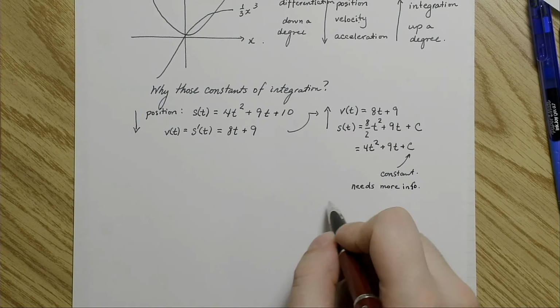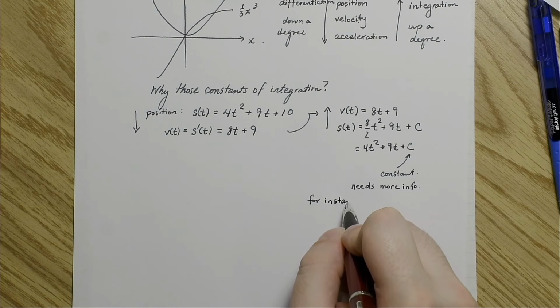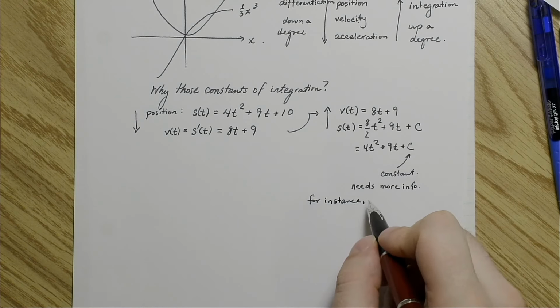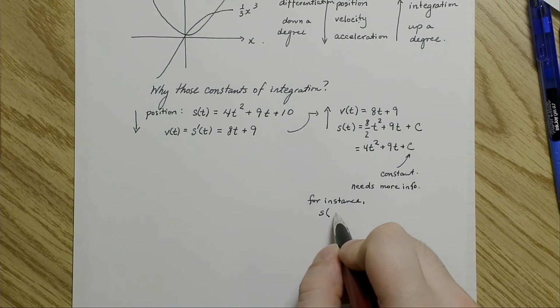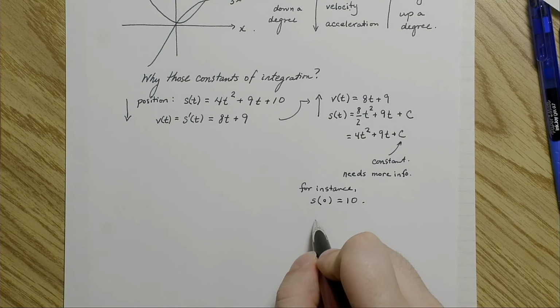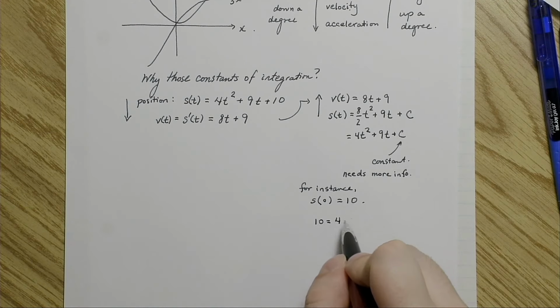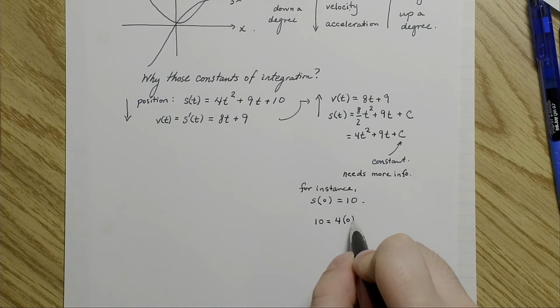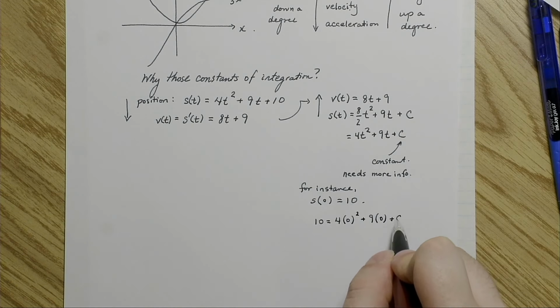So for instance, let's say that we're told that the initial position, s of 0, is equal to 10. Then I can put 10 into here, which is 4 times 0 squared plus 9 times 0 plus c.